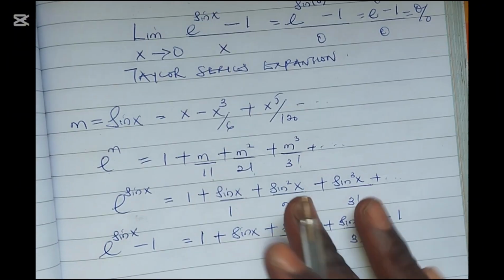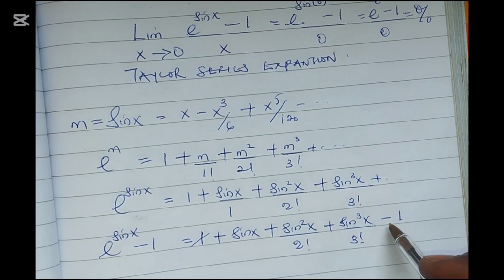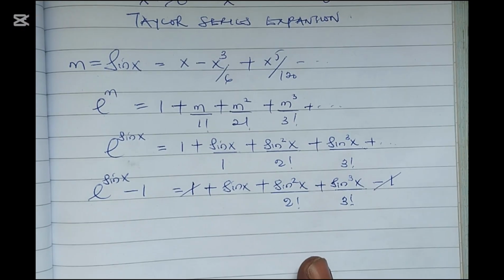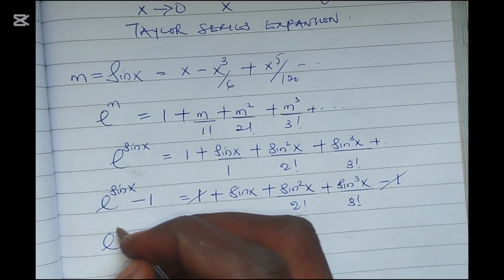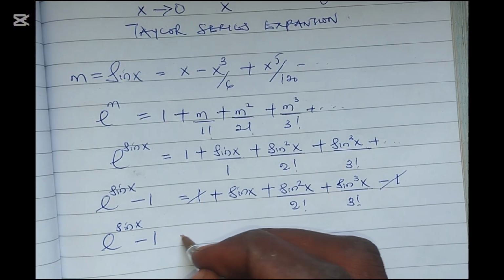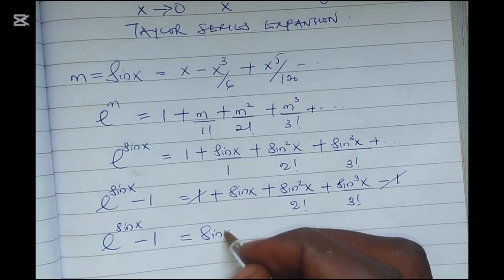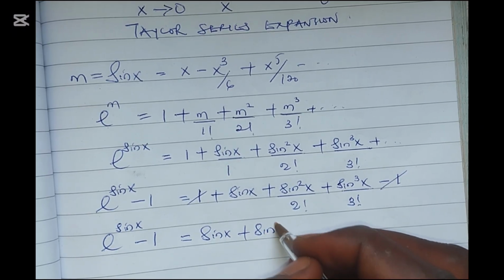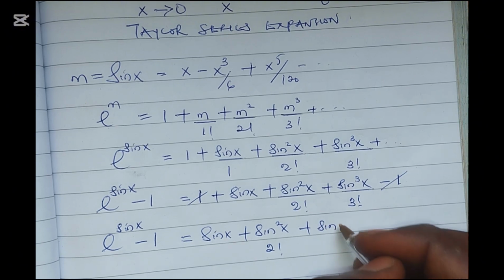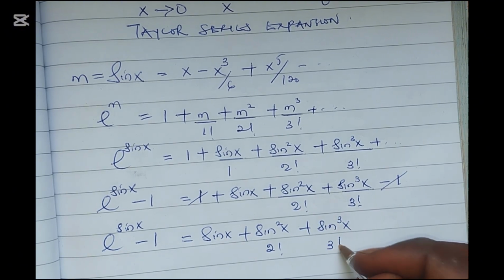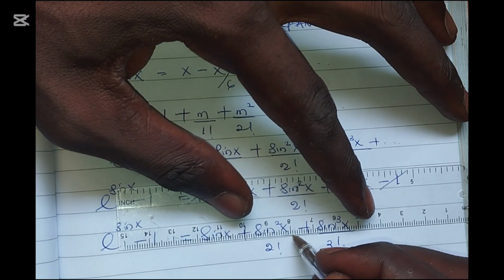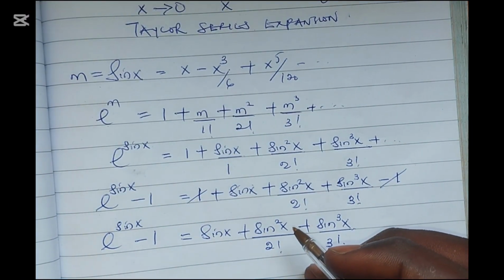Obviously this 1 will take away that 1, and we are left with e to the sine x minus 1 is equal to sine x plus sine squared x all over 2 factorial plus sine cubed x all over 3 factorial. This is our result after simplifying e to the sine x minus 1.